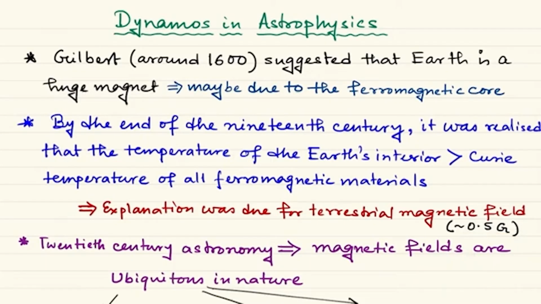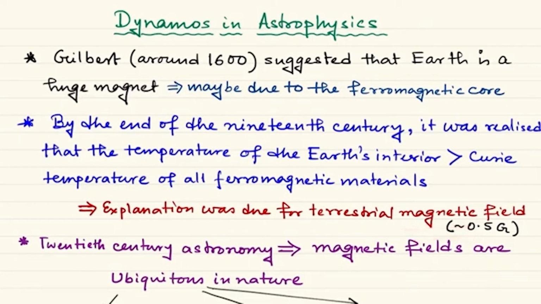In laboratory magnets, in general, you can have magnetic strength from 0.01 to 0.1 Tesla. So with respect to that, Earth's magnetic field is quite weak.